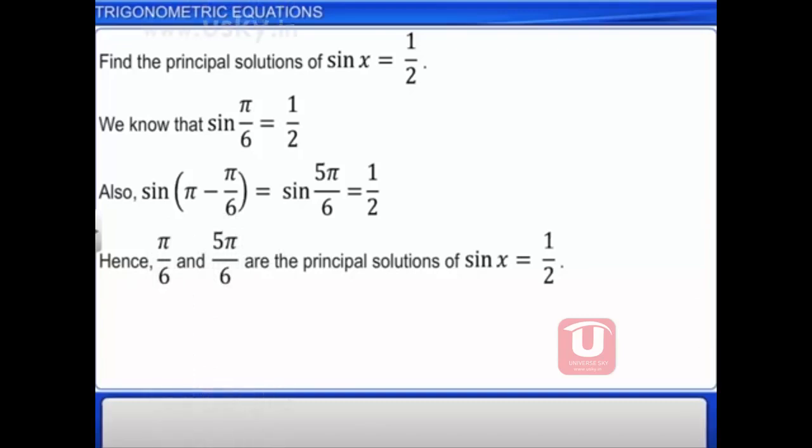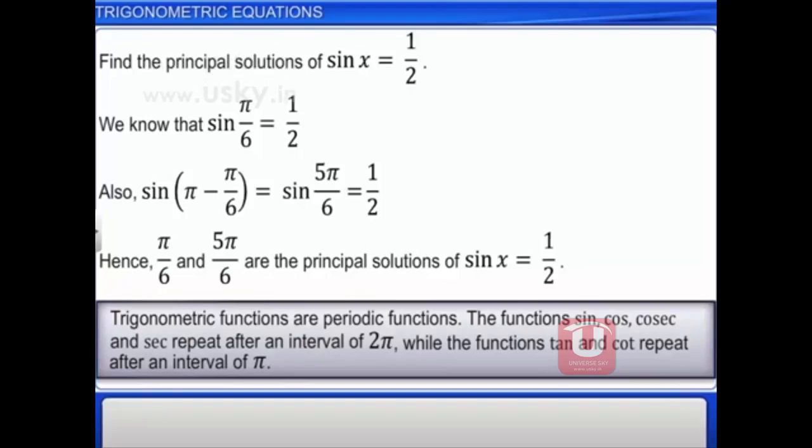We know that trigonometric functions are periodic functions. The functions sine, cos, cosecant and secant repeat after an interval of 2 pi, while the functions tan and cot repeat after an interval of pi.